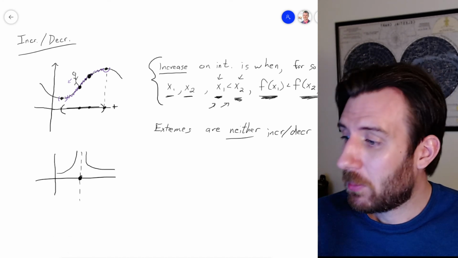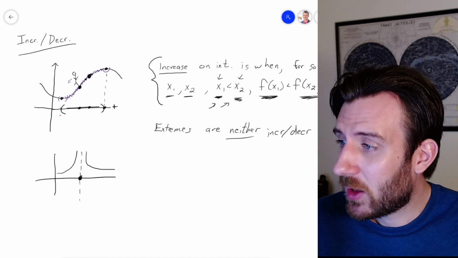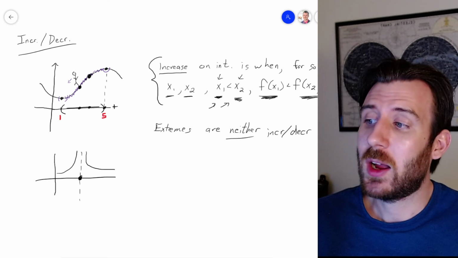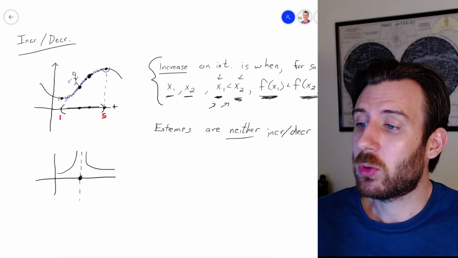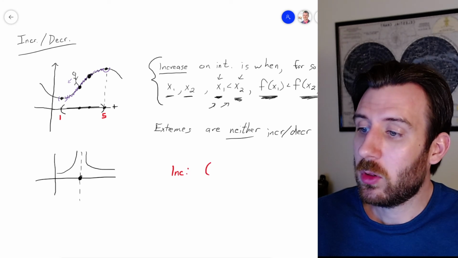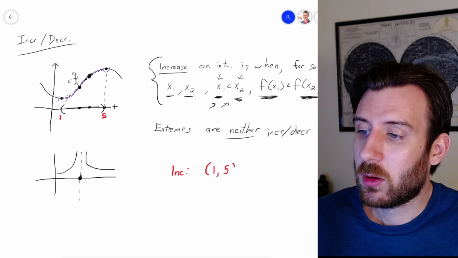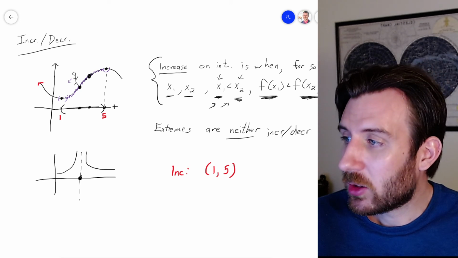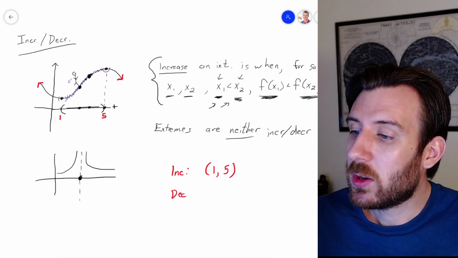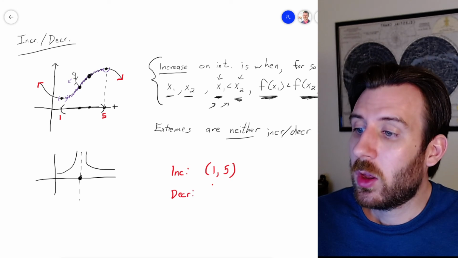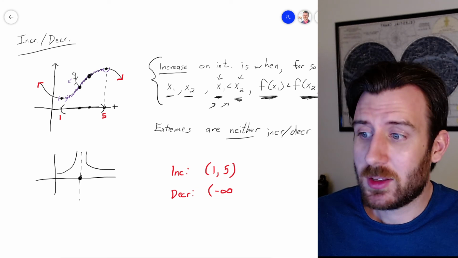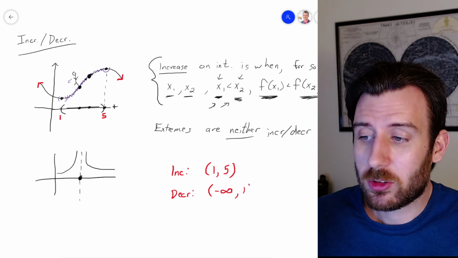So, for example, in this one here, if this is an x value of 1 all the way until an x value of 5, we could describe this as saying that it is increasing on the interval 1 until 5. And if we say that nothing changes before or after, we can say that it is decreasing on the interval starting as far back as forever until the value of 1, where we don't include 1.